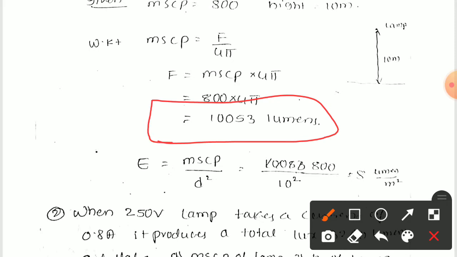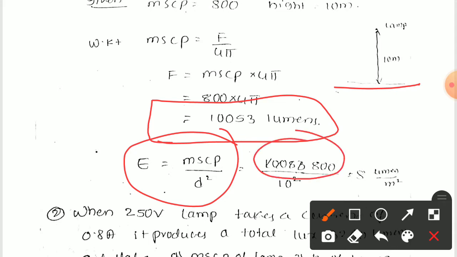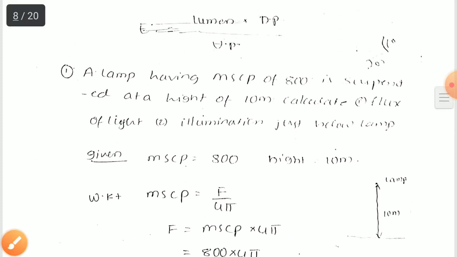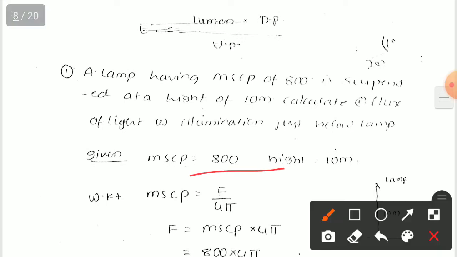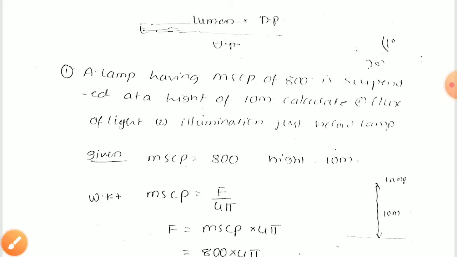Now you have to calculate the illumination on the surface. Illumination is according to the inverse square law: the candle power or intensity of light divided by the square of the distance between the lamp and the surface, for a plane surface. So E equals MSCP divided by d square. MSCP is 800, and d is nothing but the height of the lamp, 10.